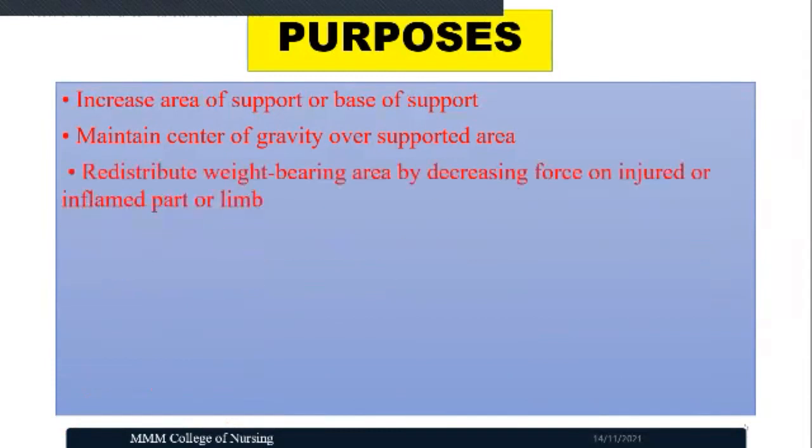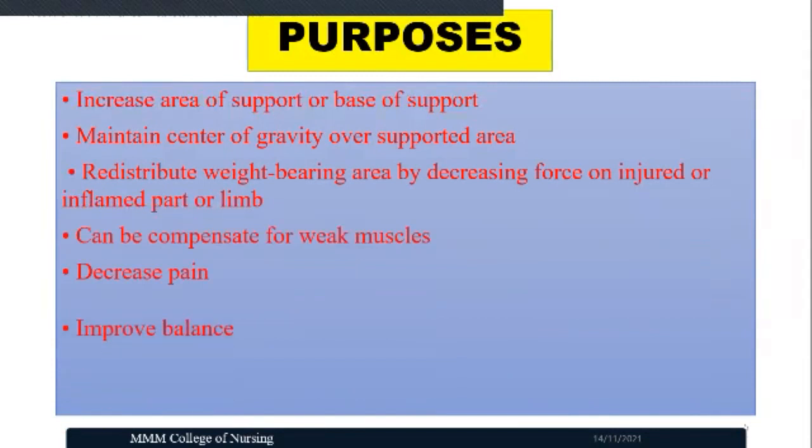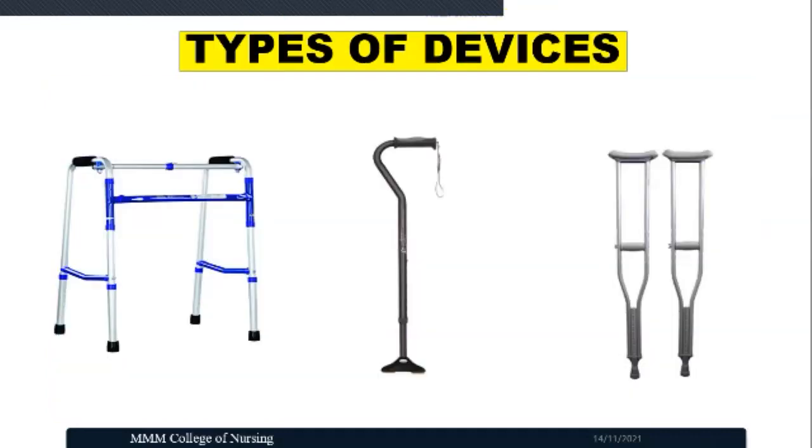Ambulatory devices redistribute weight-bearing area by decreasing force on the injured or inflamed part of the body or limb. They also act as compensation for weak muscles, and decrease pain by supporting the muscle groups. They improve balance, as we said earlier, since the center of gravity will be supported. And they improve proprioception, that is the sensory perception.